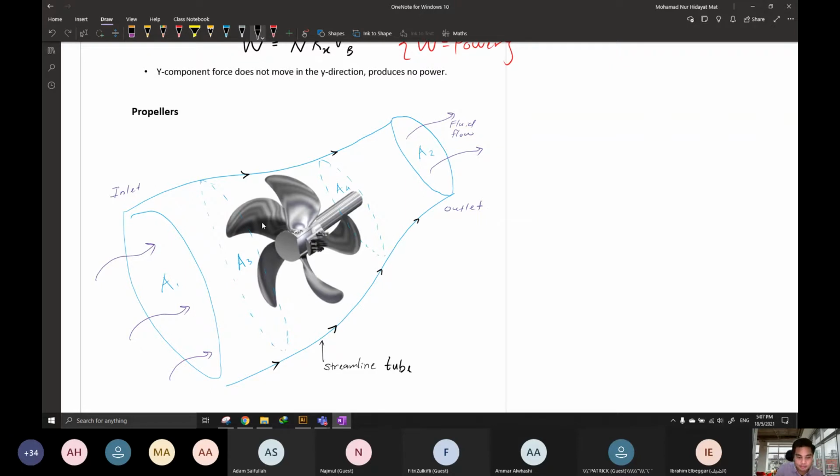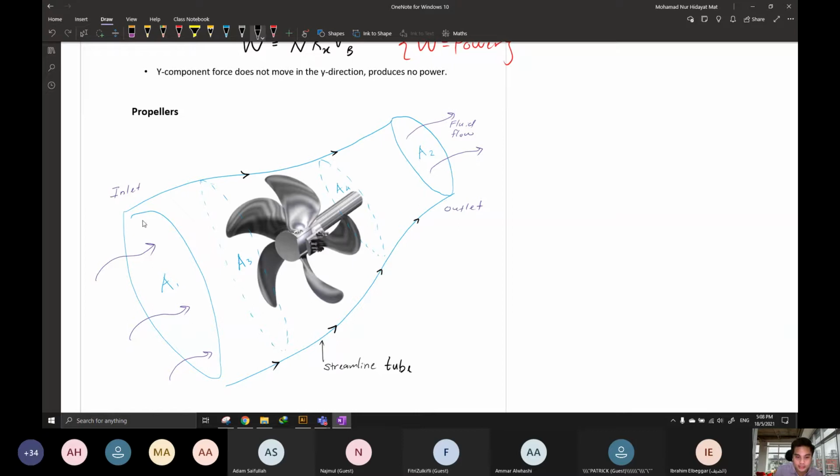Okay, now please imagine we have the flow like the stream tube across the propeller. So we have the inlet, and of course we have the outlet. At the middle of this, let's say we consider area 3 and area 4, close to the propeller.